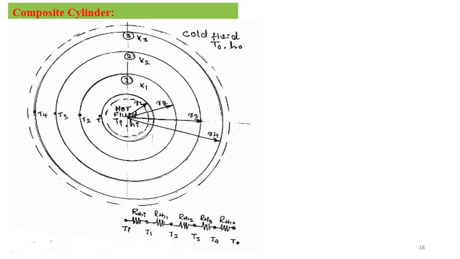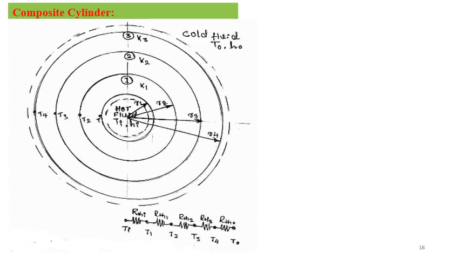R1, R2, R3 and R4 are the radii of the layers of the composite wall, for the different layers 1, 2, 3 respectively, and L is the length of the composite cylinder. T1, T2, T3 and T4 are the inside surface temperature and interface temperatures of the composite wall.